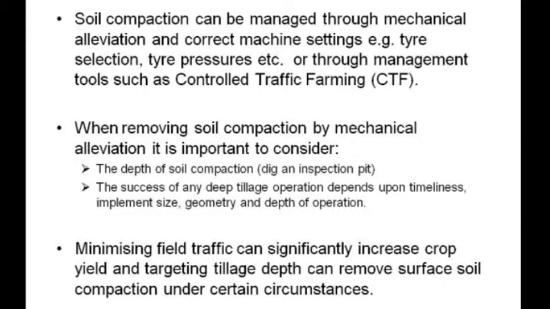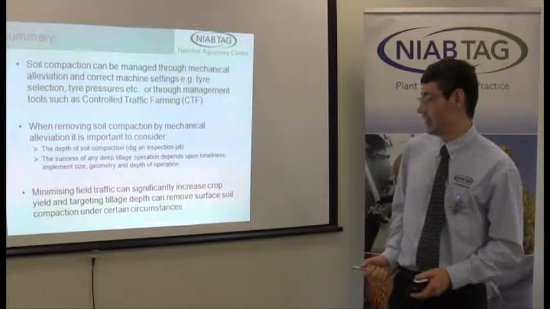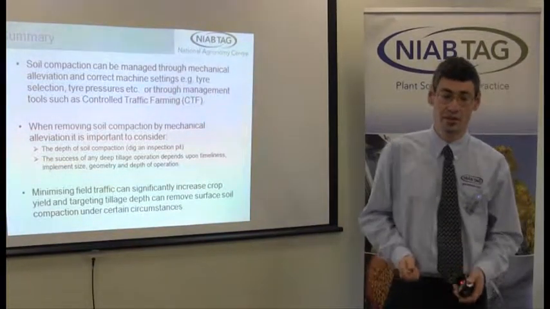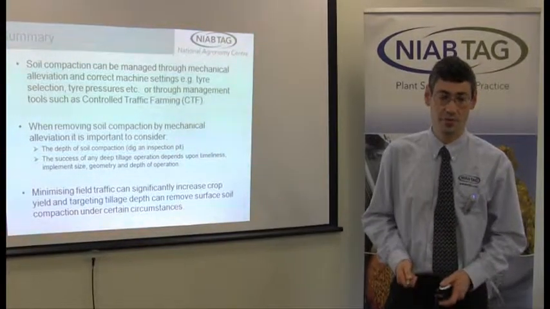If we are looking to remove compaction at depth, we do need to consider what depth that compaction is at, what the conditions are like for doing those cultivations so as to minimise the potential for creating further compaction at depth, which is going to be difficult to remove, and also how we can minimise field traffic or keep it to set pathways across the field so as we can reduce the risk of loss of yield, and also target a cultivation depth to alleviate compaction if it's not necessarily as deep as you might first have thought.